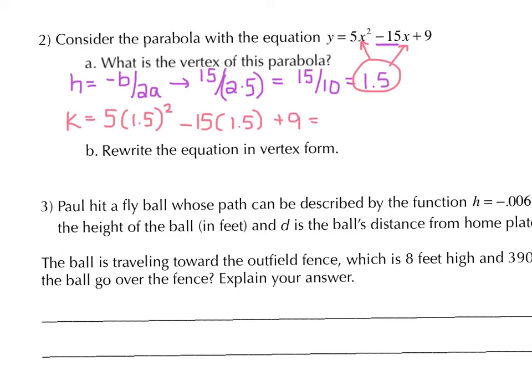Okay, this one I'm going to have to calculate. Could do it in my head if I really tried, but I don't want to make you sit here through all that. So 5 times. I end up with negative 2.25.